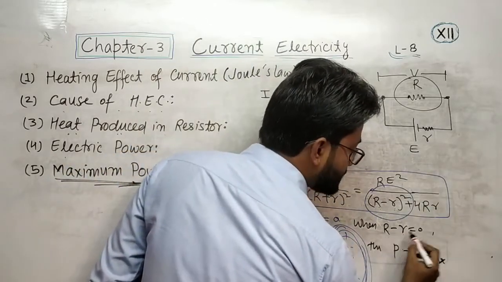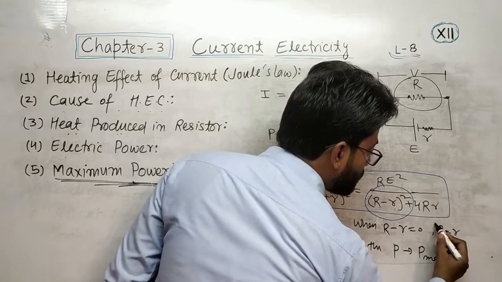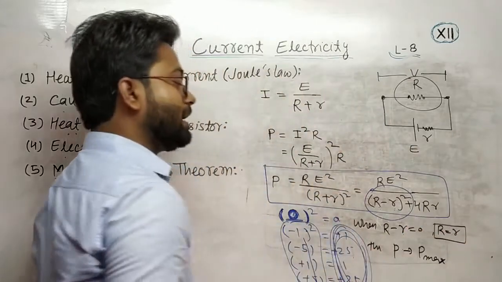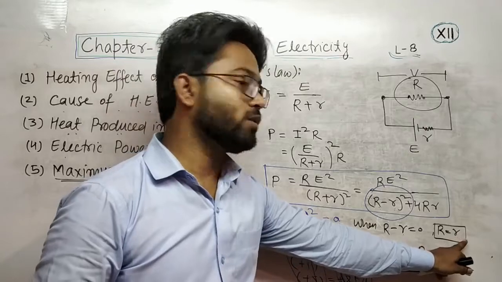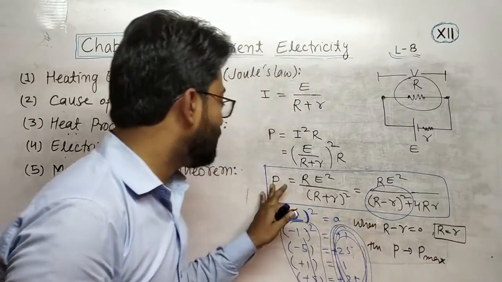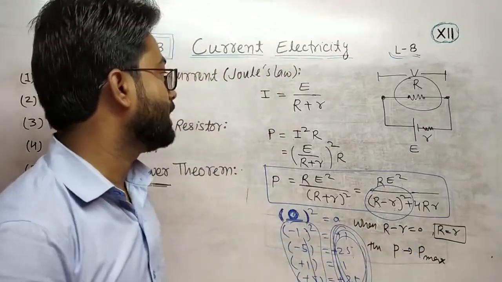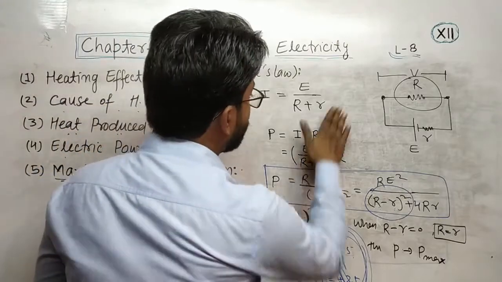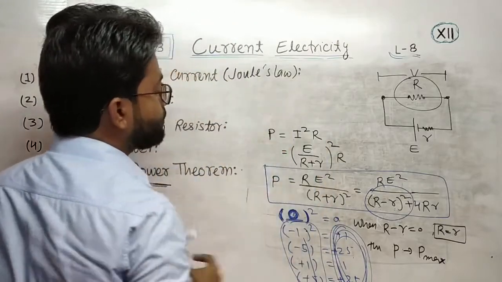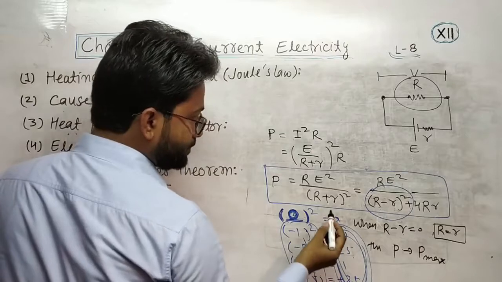Or R minus r is 0, we can write R is equals to r. Means when external resistance is equals to internal resistance, then power will be maximum, and maximum power will be equals to what?